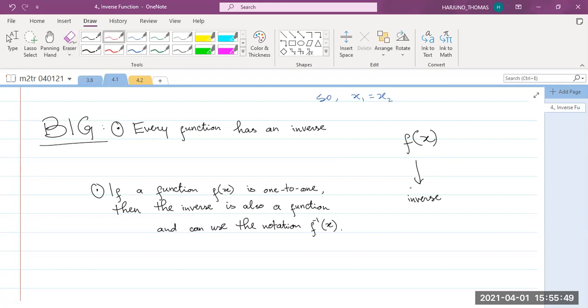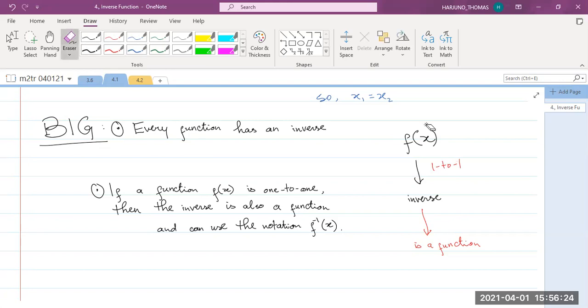It is that the inverse is a function if the original is one-to-one. Every function has an inverse, but the inverse of every function doesn't have to be a function.